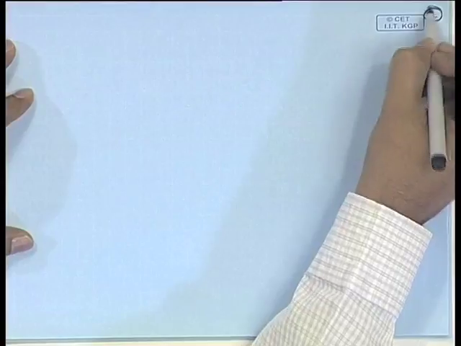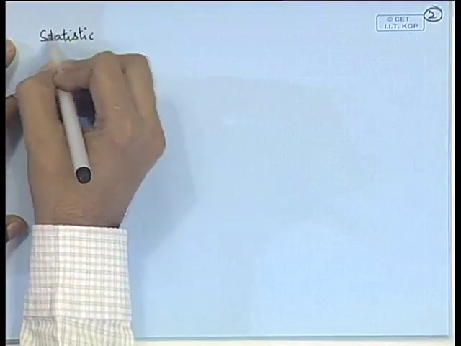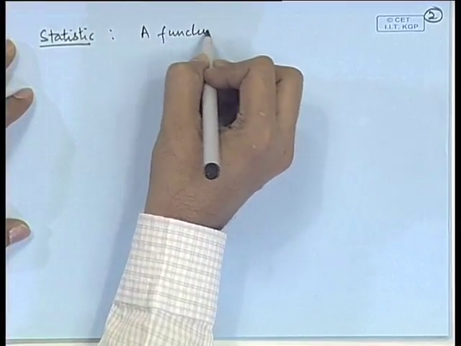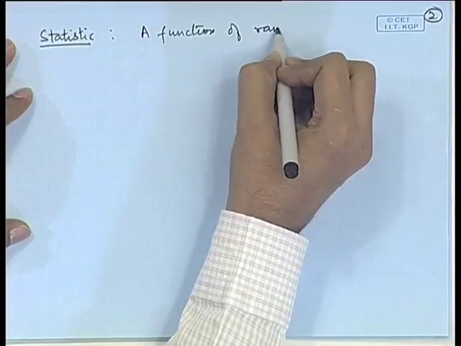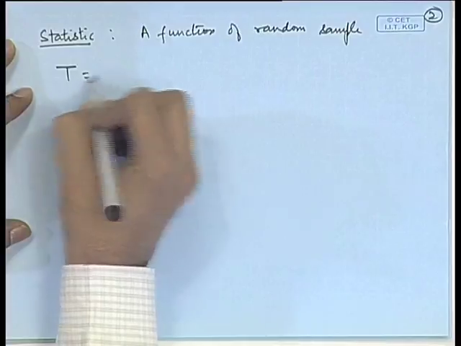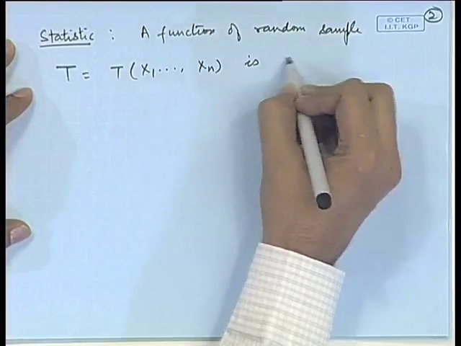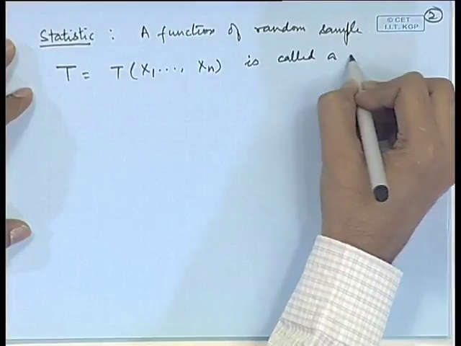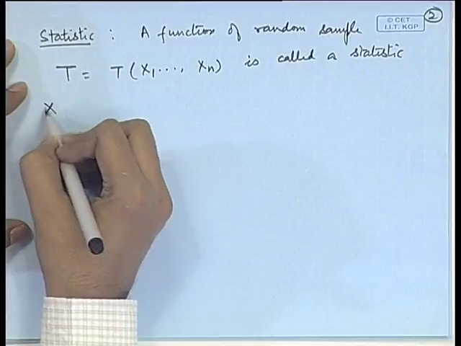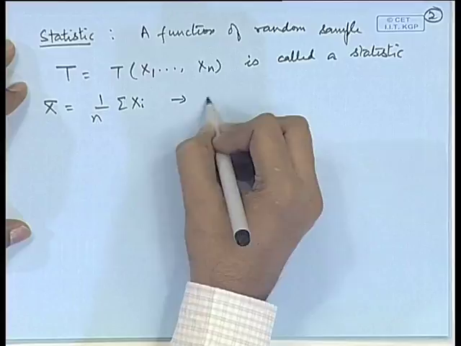Any characteristic of the sample, we call a statistic. So, a function of the random sample, let us say T, that is T(X1, X2, ..., Xn), is called a statistic. For example, we may consider X bar, that is 1 by n sigma Xi, the sample mean.